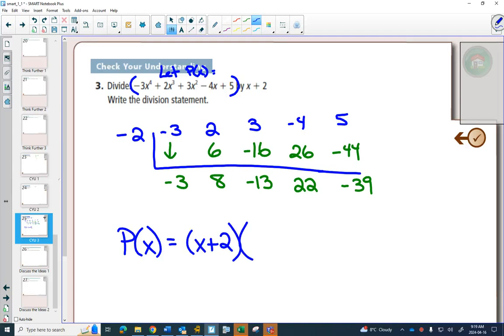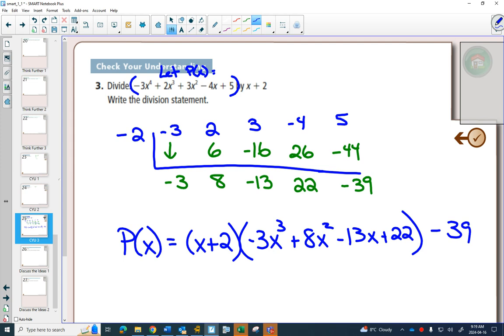My quotient is going to be negative 3x cubed plus 8x squared minus 13x plus 22. And the remainder, so this part here, my remainder, this is my quotient, this is my divisor. This one here is always my remainder.